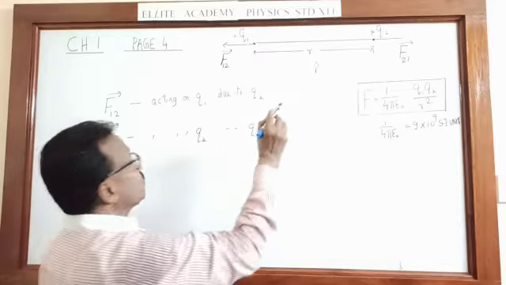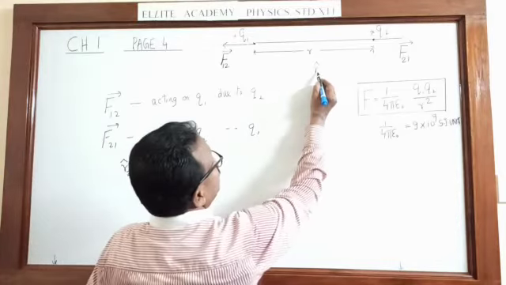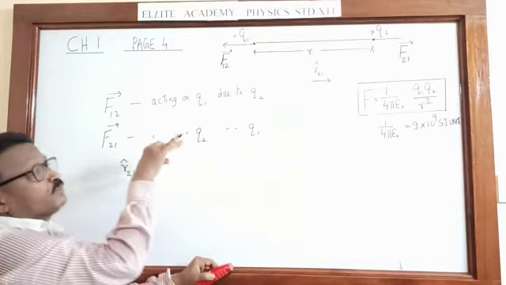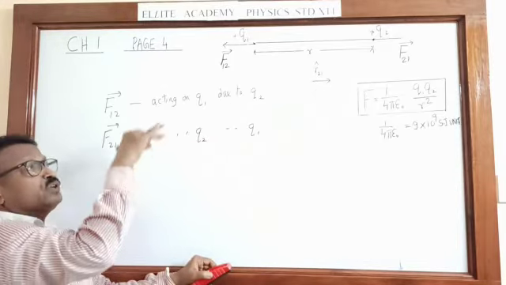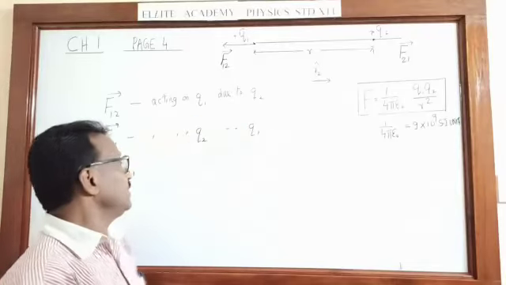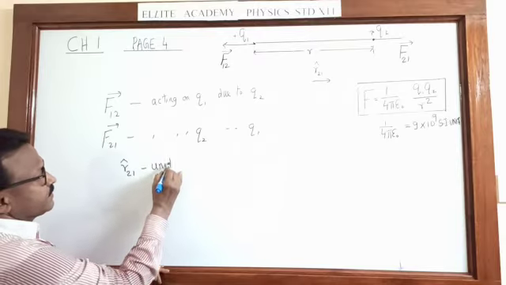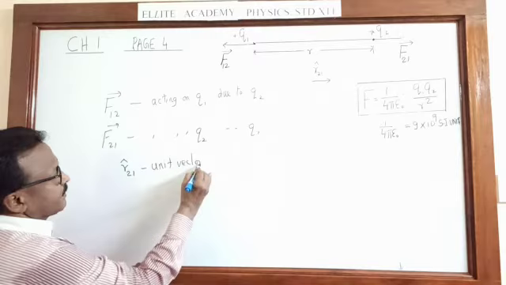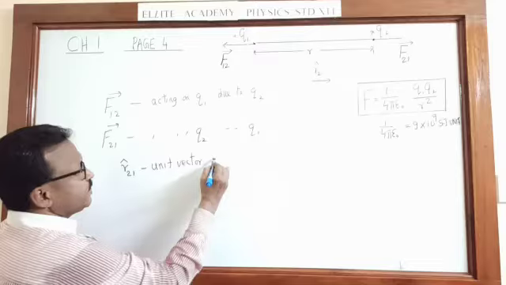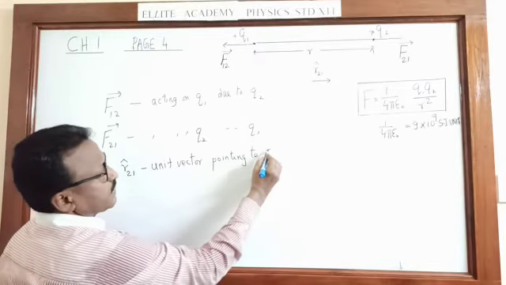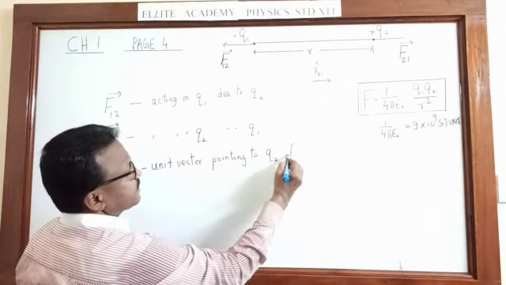Repeat, R21 cap is a unit vector pointing from charge Q1 to charge Q2. We can remember it this way, R21 cap, unit vector pointing to charge Q2 from charge Q1.